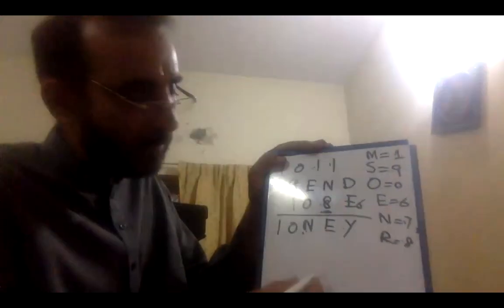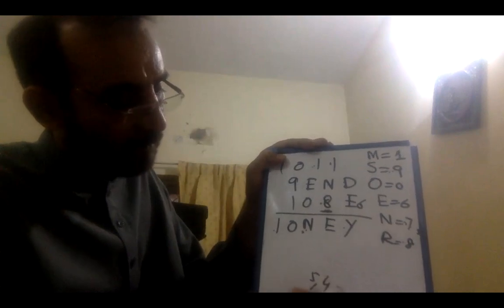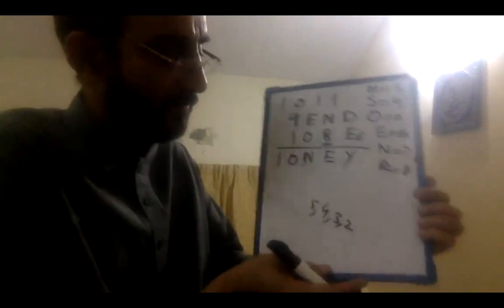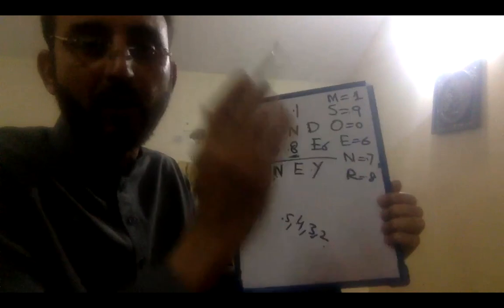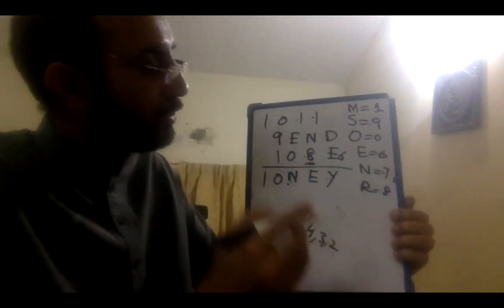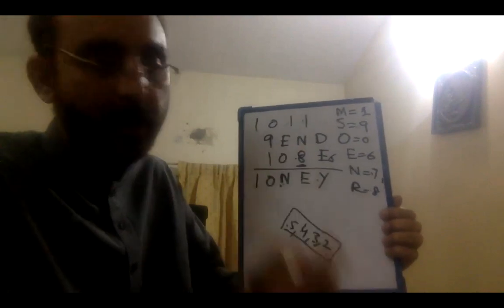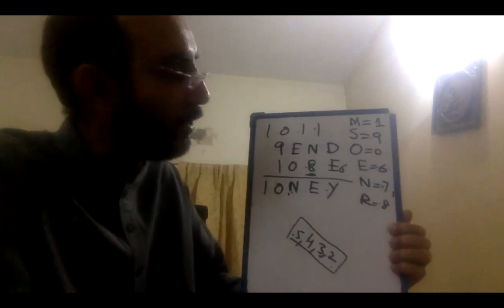What are the remaining numbers? 5, 4, 3, 2 are remaining. So now I can put these remaining numbers for D and Y, and check whether I am going in the right direction or not.